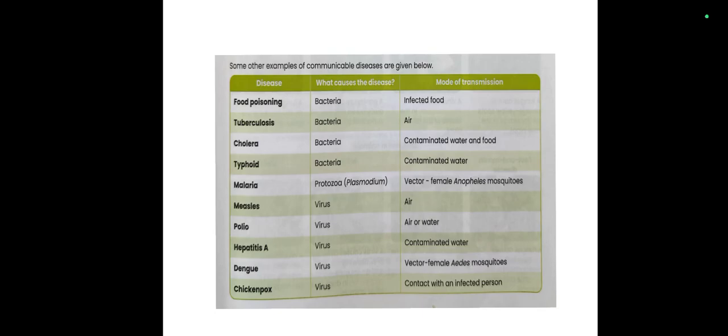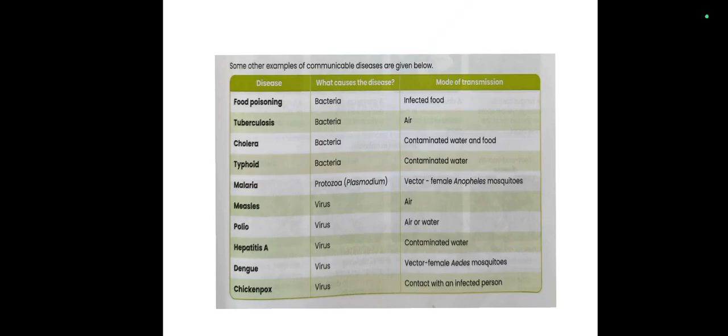Another disease is hepatitis B. It is caused by a virus and spreads through contaminated water. Next, dengue. Who causes the disease? A virus. And the vector is the female Aedes mosquito.